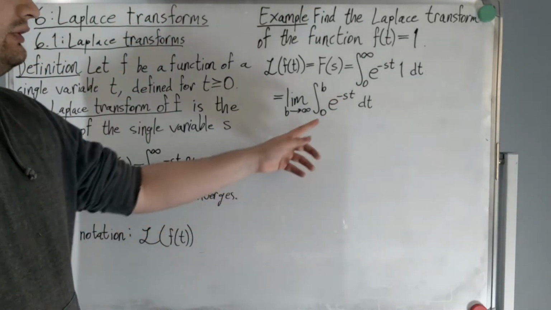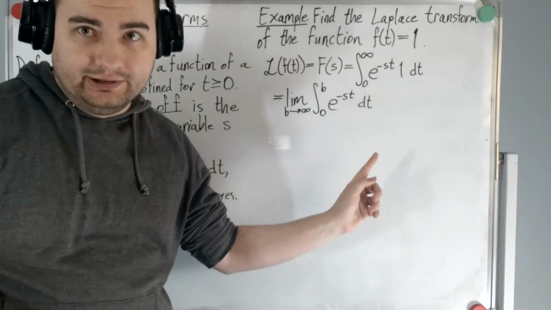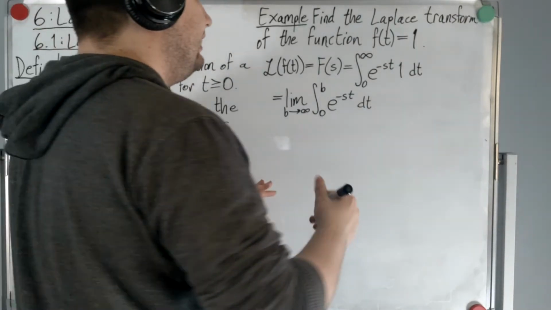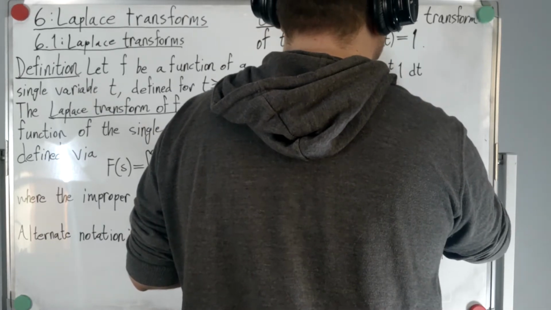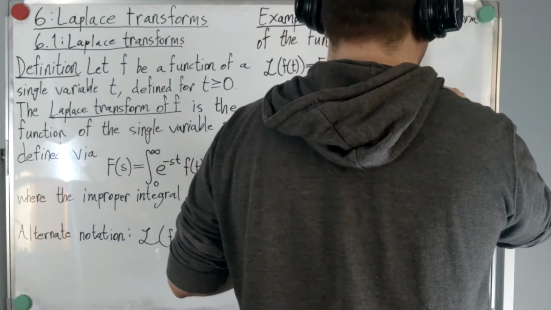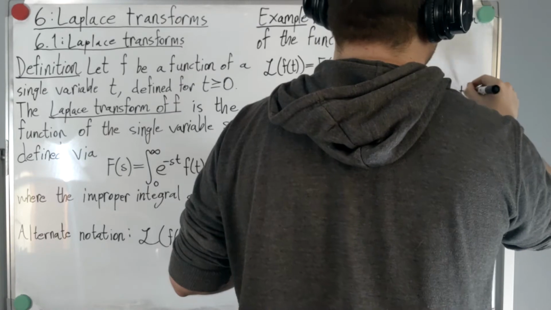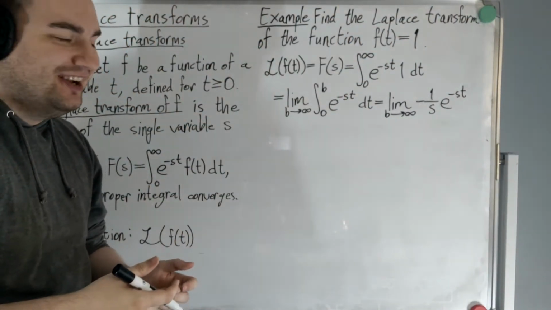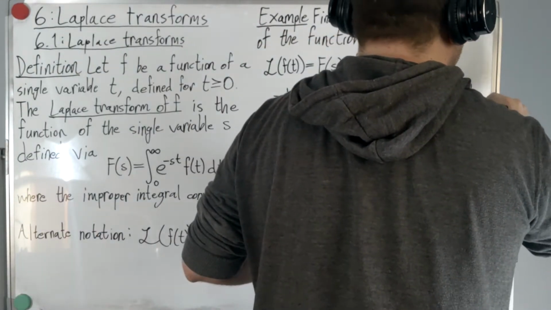So we're going to regard this as if it were e raised to a constant times t. Now, if you have e raised to a constant times t, the antiderivative there is going to be 1 over that constant times e to the constant times t. And then this is evaluated from 0 up to b.